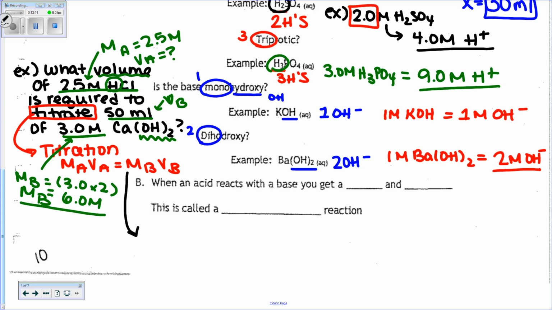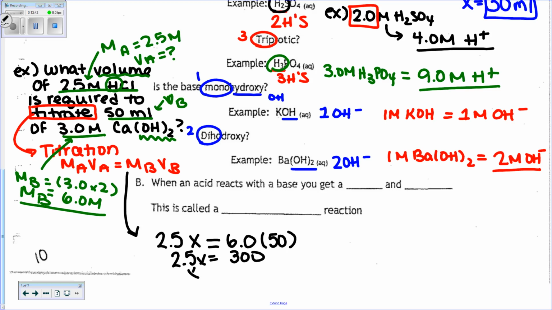So let's fill that out down here. My molarity of acid was 2.5. My volume of acid was x, because I don't know. My molarity of base was 6.0. My volume of base was 50 milliliters. If I solve that, I'm going to get 2.5x equals 300.